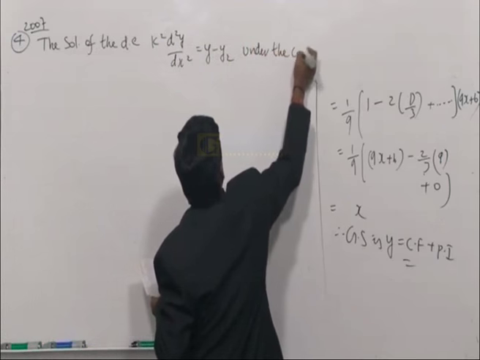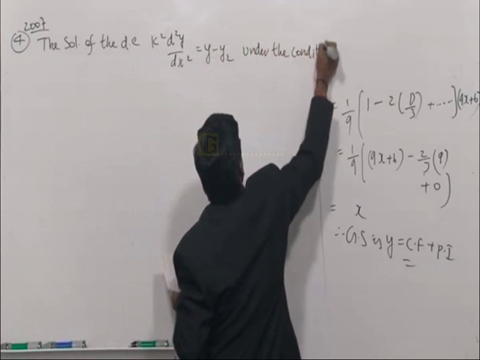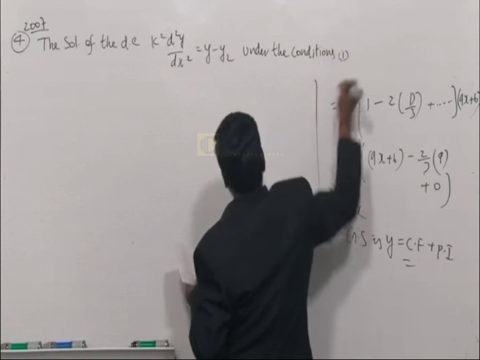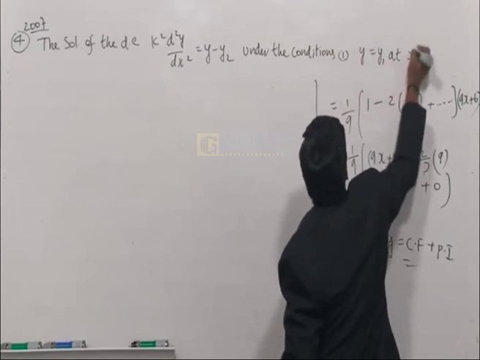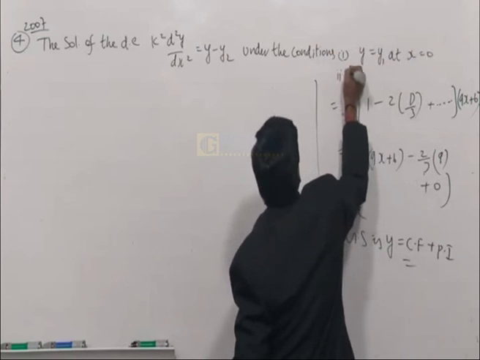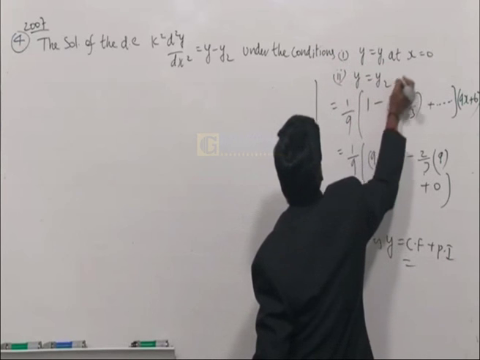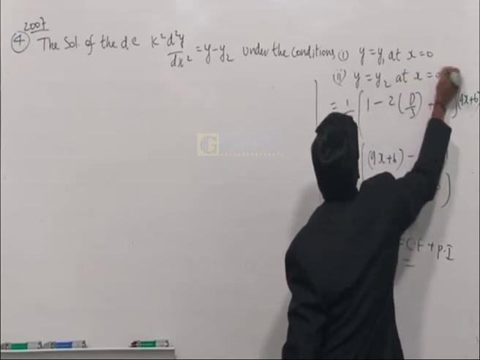under the conditions. First condition is y is equal to y1 at x is equal to 0. Second condition, y is equal to y2 at x is equal to infinity.